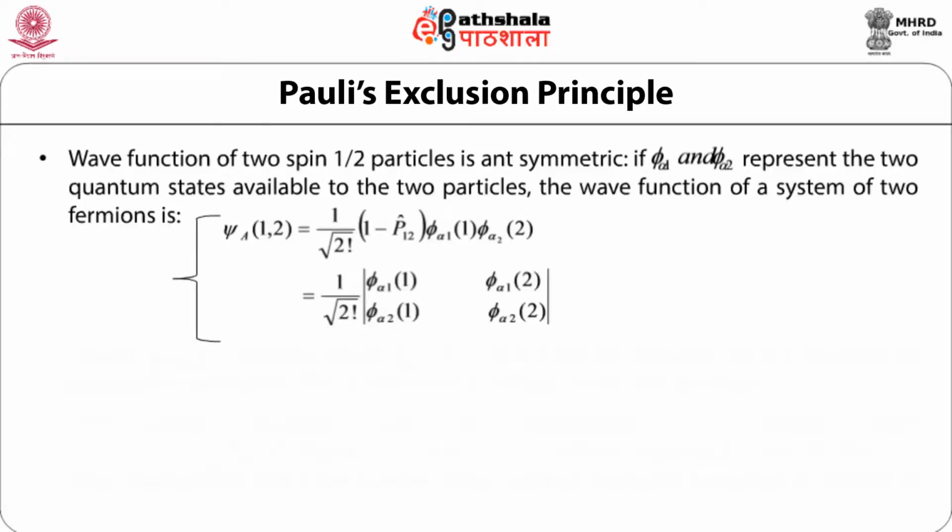And the reason for this is that this antisymmetric wave function ψ_A(1,2) can be represented as a Slater's determinant.